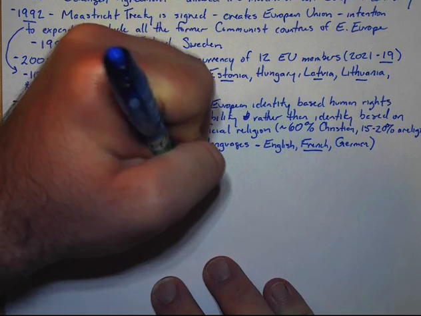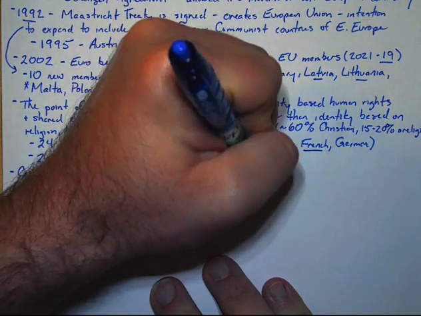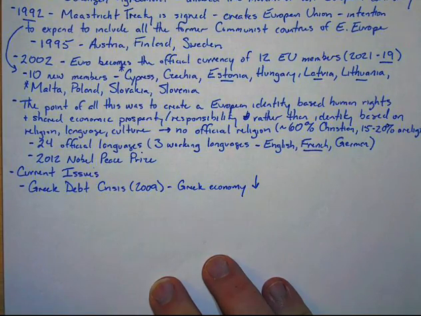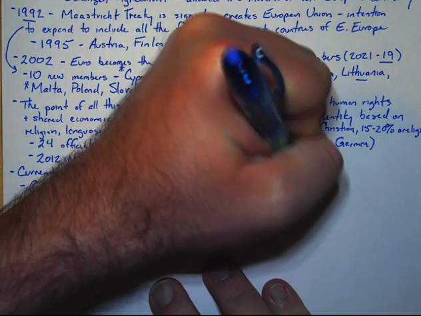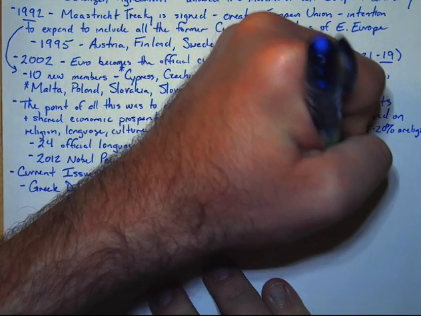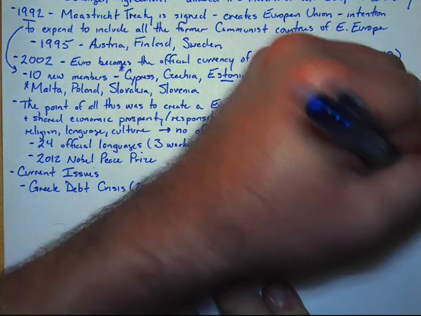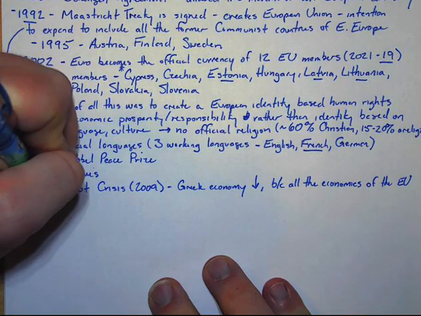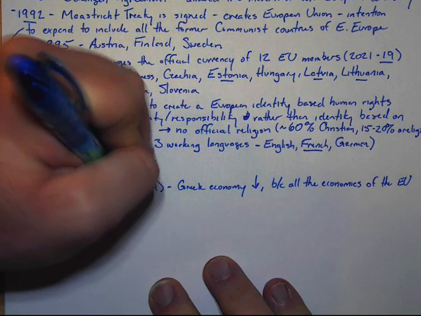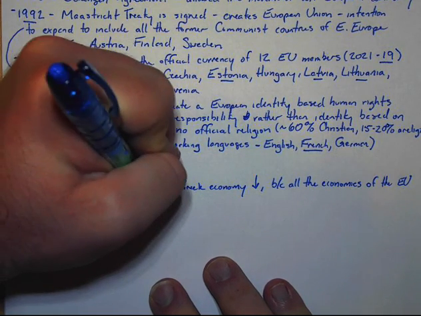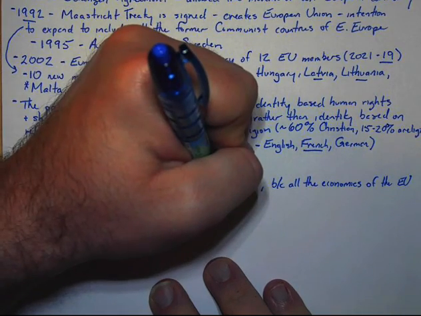So in 2009, the Greek economy just collapsed. And the problem is that because all the economies of the EU are interconnected, all the economies fell.